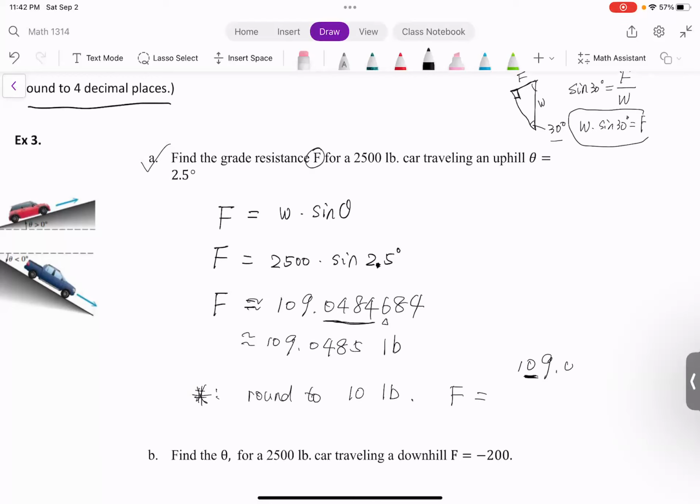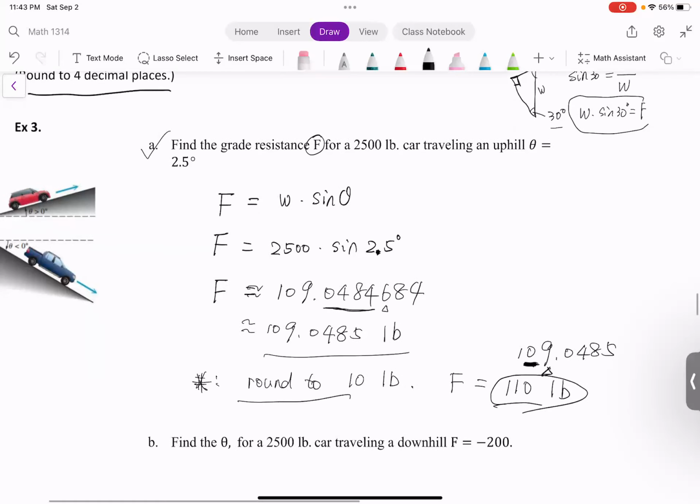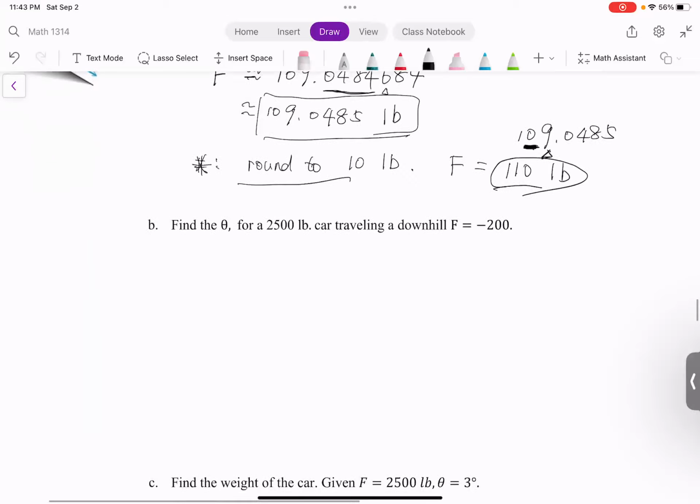The digit after the 10s place is 9. 9 is greater than or equal to 5, so I'm having 11 tens, which is 110 pounds. This is a solution, but the question here is round to 4 decimal places. This is the solution. All right, let's see the next one.